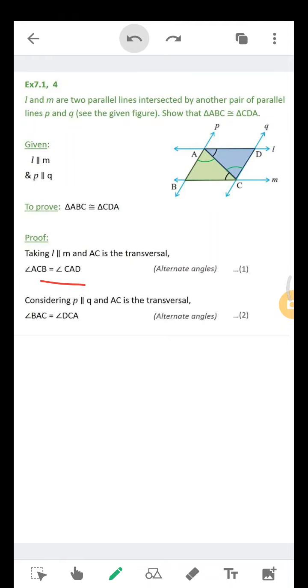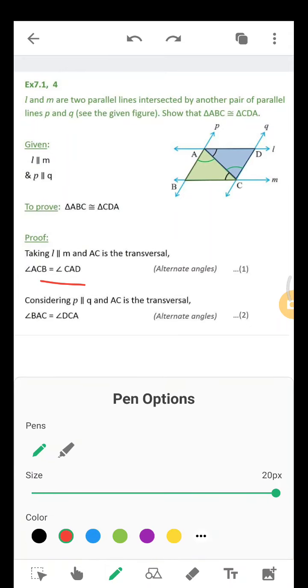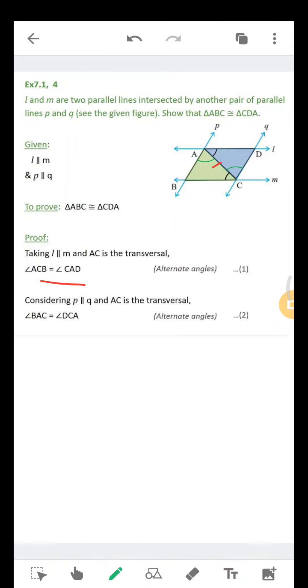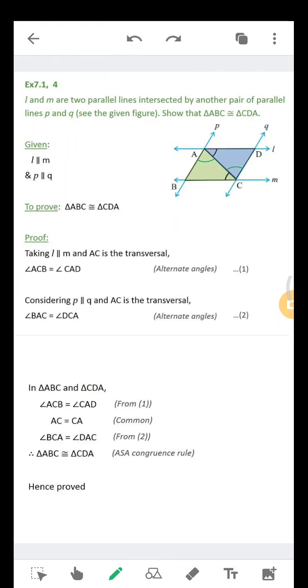Now what is the third part I can use here again? That is the common part again. So you can see from the beginning we are using the common side as the third part. Which property can I use here now? Two angles and the included side are there. Yes, I can use ASA rule here.